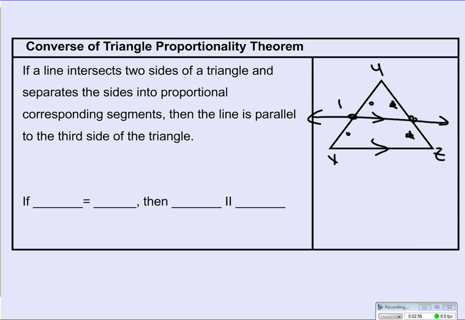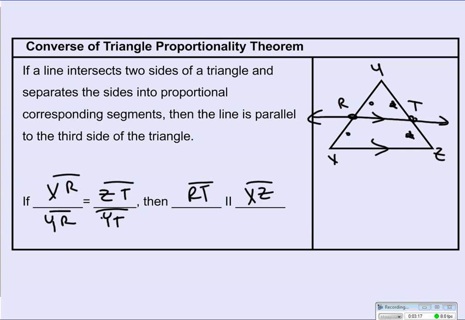We'll call this RT. So XR over YR is equal to ZT over YT. So if that's the case, then RT is going to be parallel to XZ, if that's in proportion.